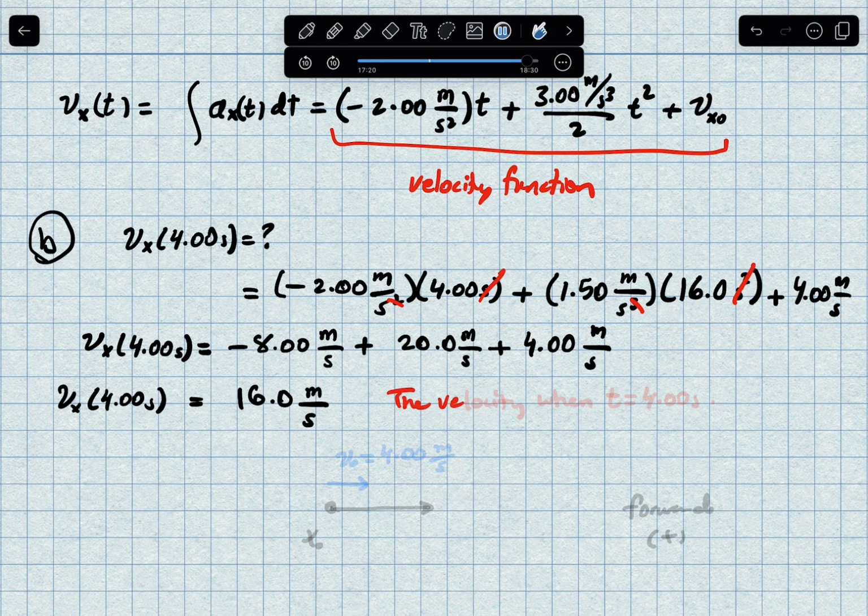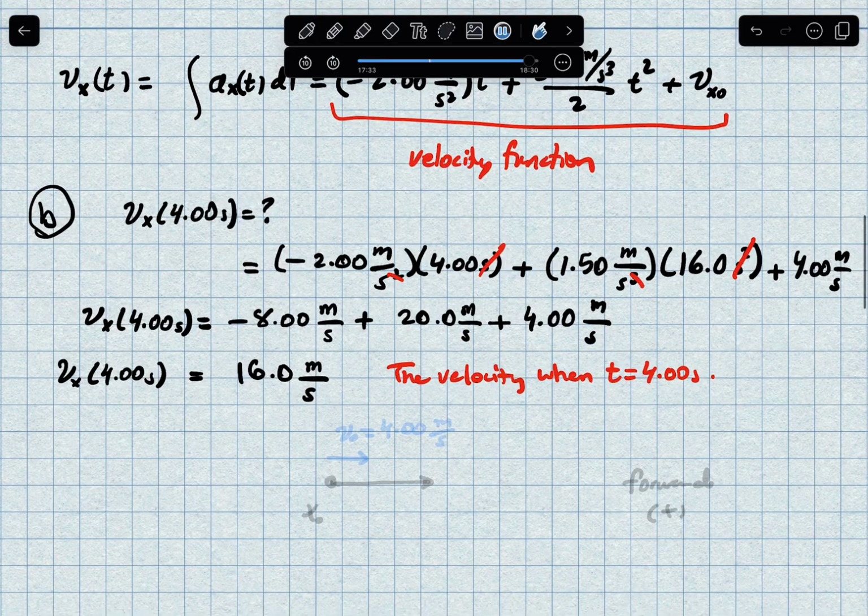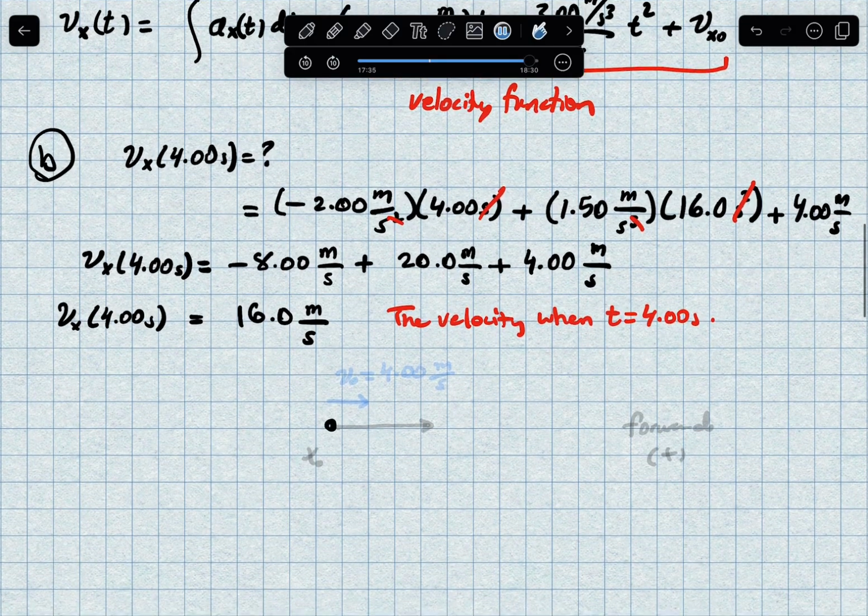The velocity when time equals 4 seconds. Okay, so whatever direction the particle was moving in, let's say initially it was moving like this, with an initial position and an initial velocity of 4 meters per second.